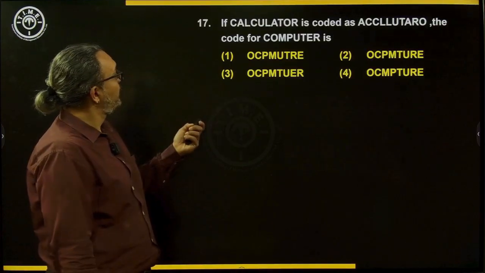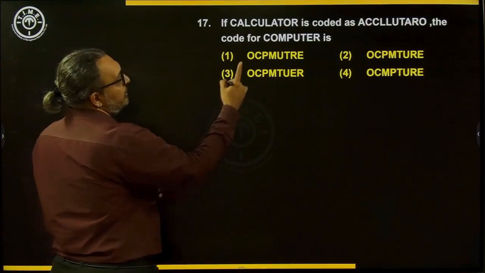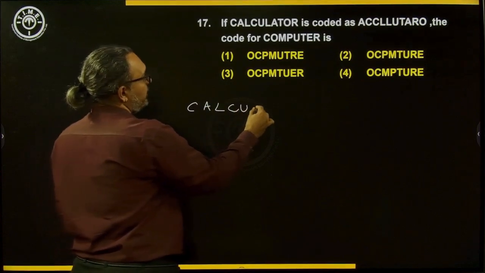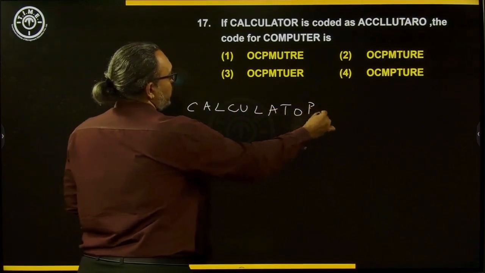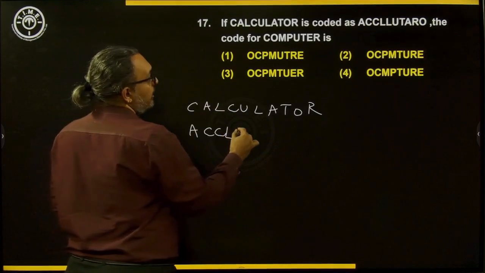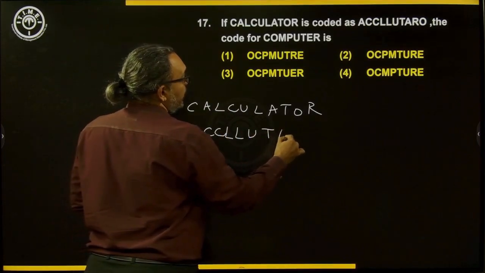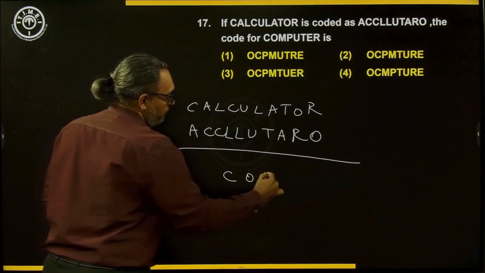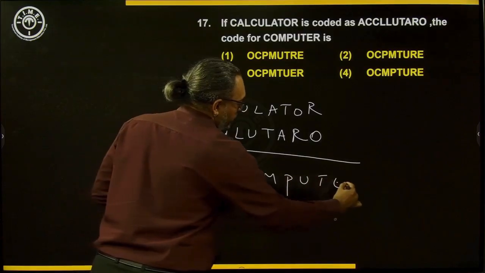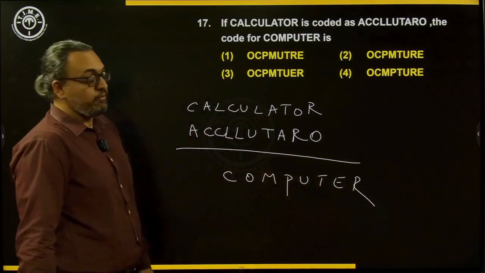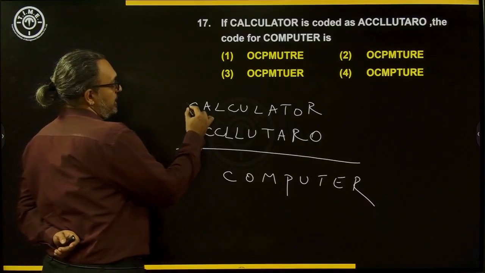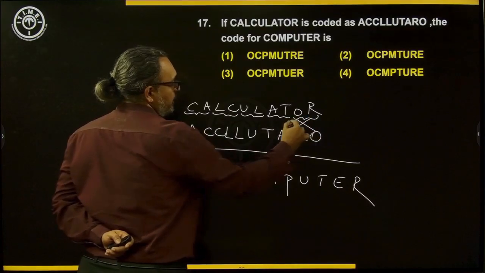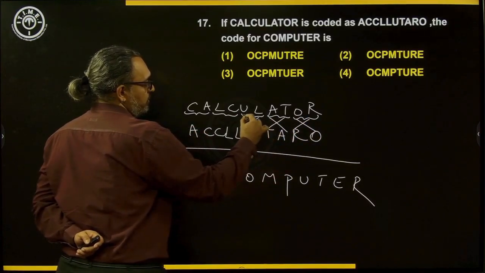Understood? Right, next you have the code for computer, again it is coding only. So you have calculator, and that's coded as ACCLLUTARO. Okay, the same alphabets are written in a different manner. So you have computer. Now see what is happening. He's taking two letters and exchanging their positions.